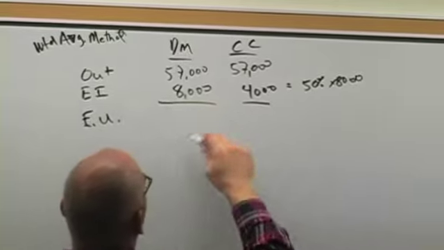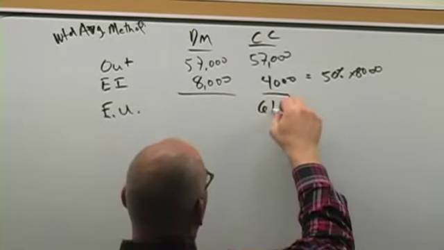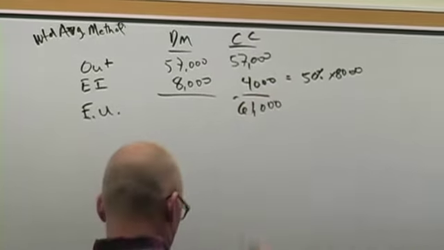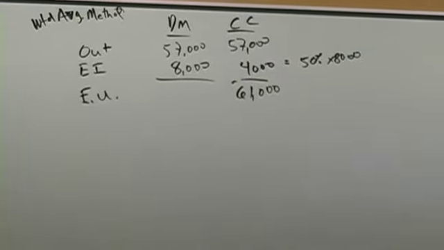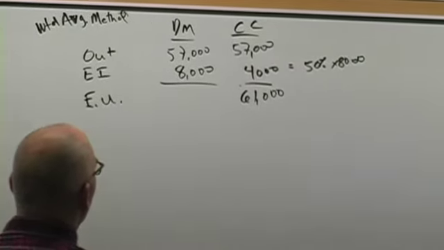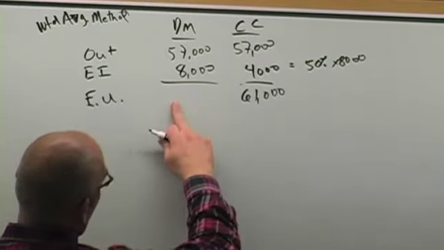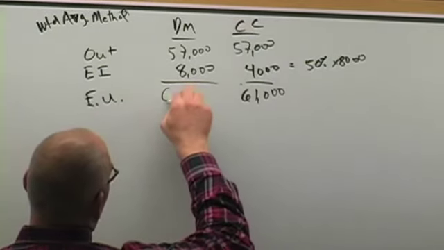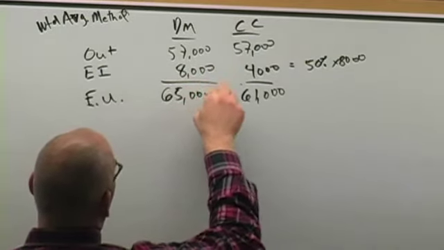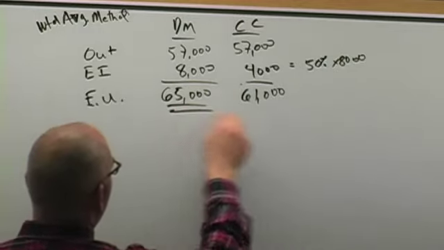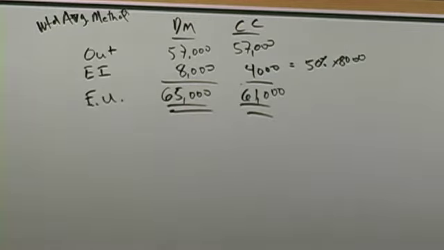Okay. And now we can add these up. 61,000. And 65,000, right? There we have it. So far so good. We've just repeated what we did last class, our last problem. Yes, sir.